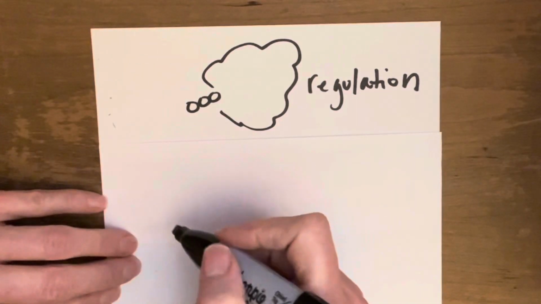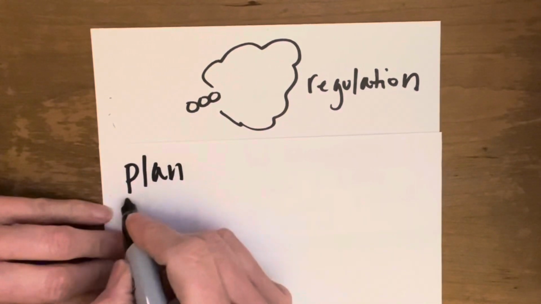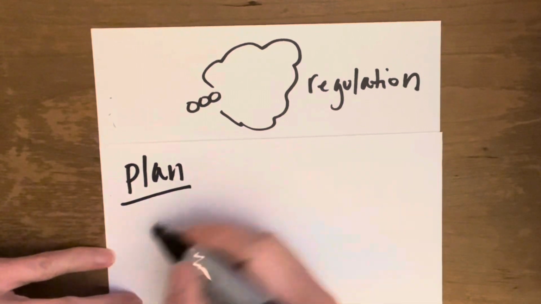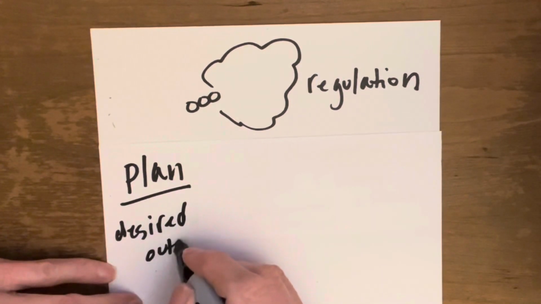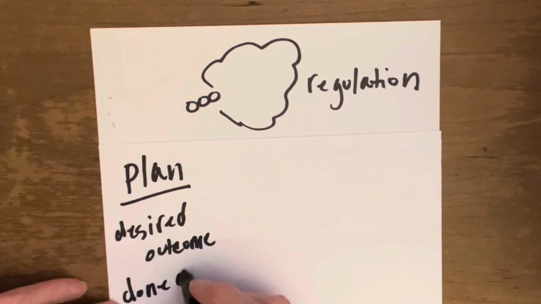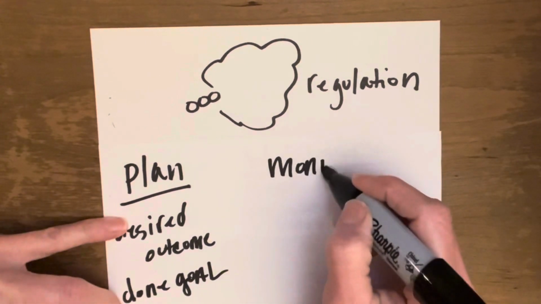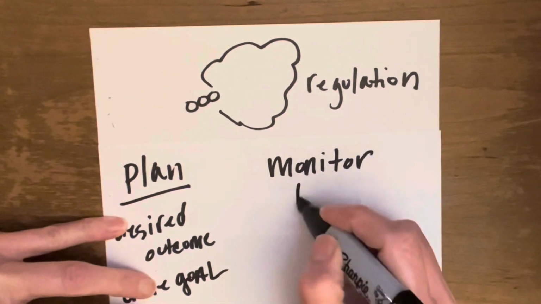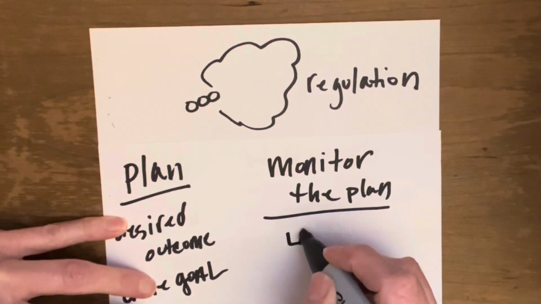So we had initiate, working memory, and then making a plan for what's my desired outcome, or what is my done goal? And then monitor the plan is my checklist.